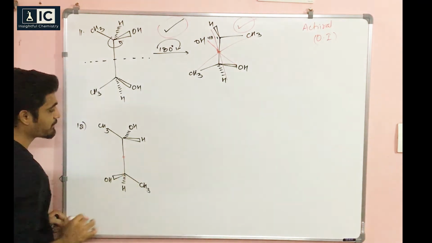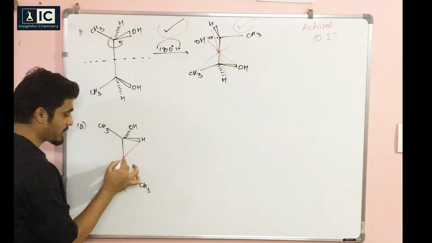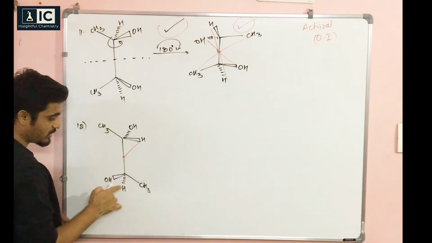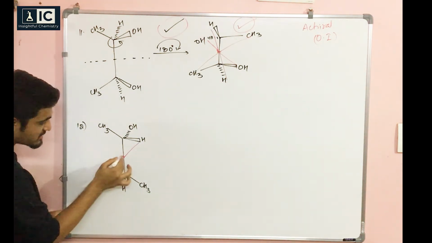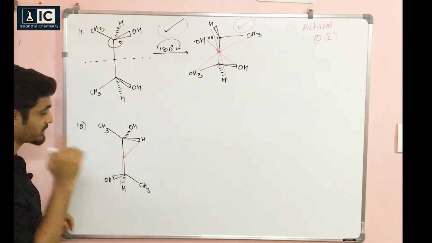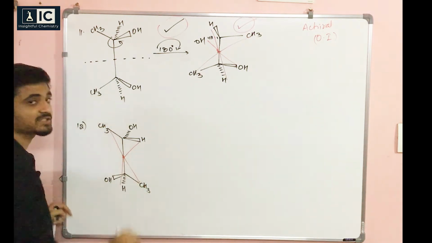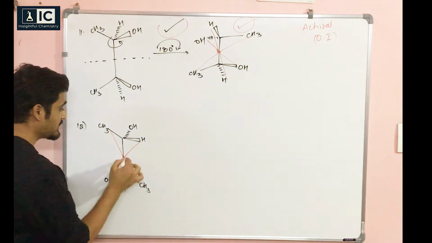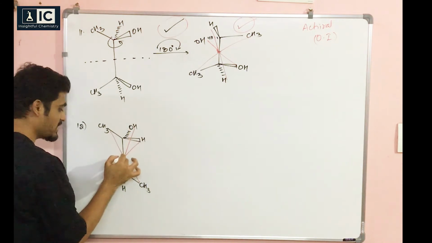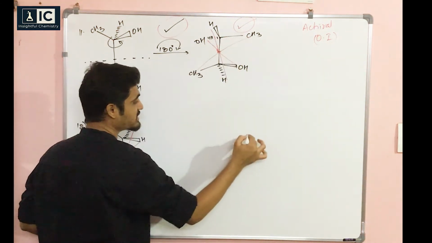From here I go up, I get H. I go below, now you see this H is below only. So I am getting it. Then I go in plane CH3, in plane CH3. Done. Then I go below the plane OH and above the plane OH. So therefore COS is there.